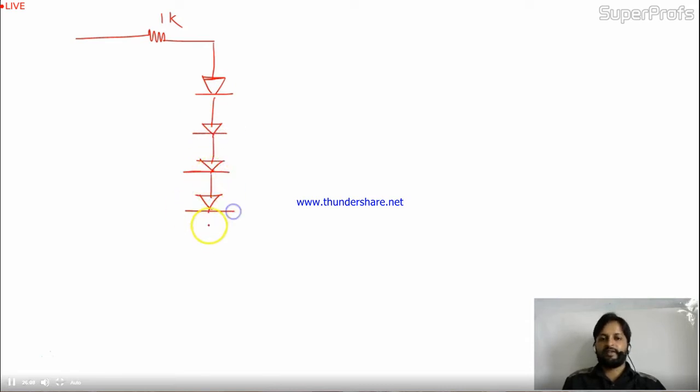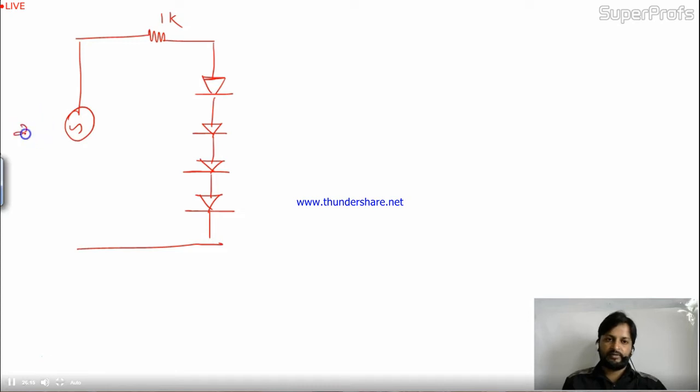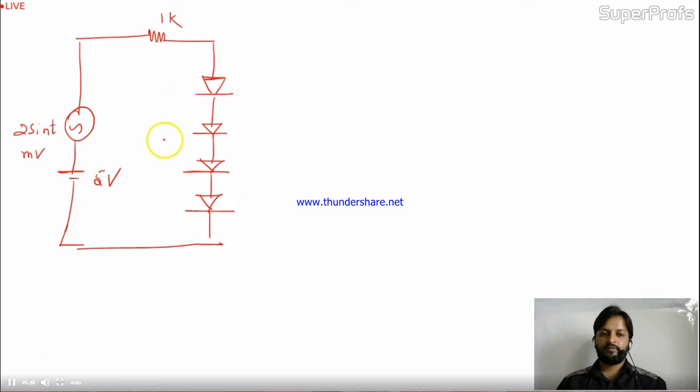I have input 2 sin t in millivolt in series with DC 5 volt. So for this circuit, the question is, find the total current into the circuit.